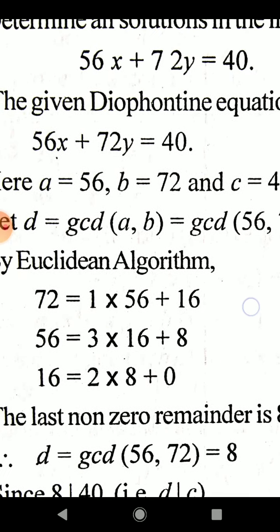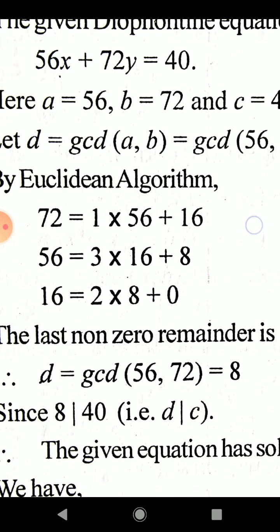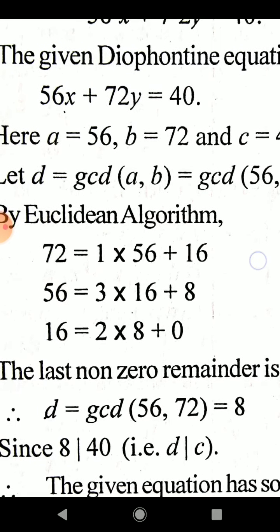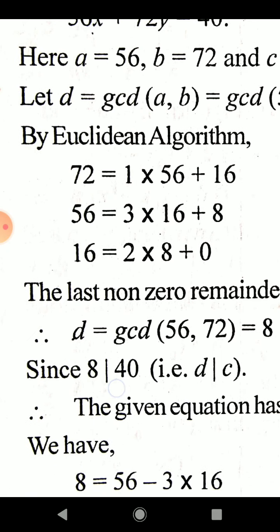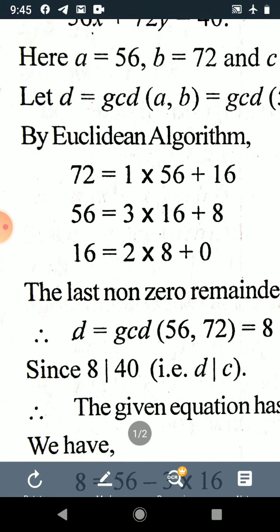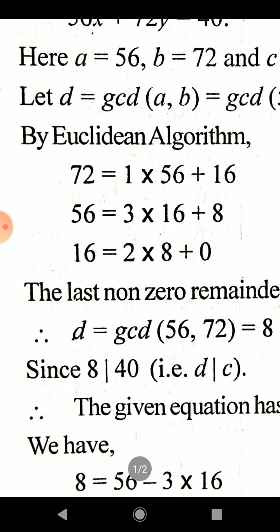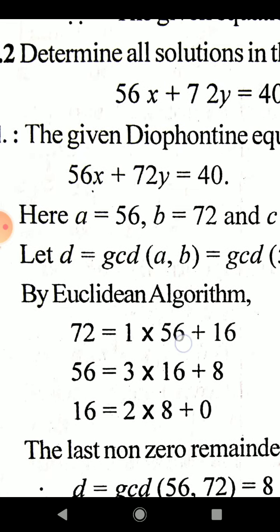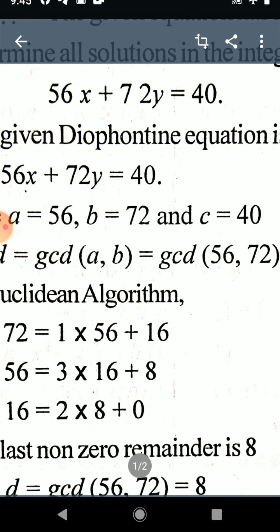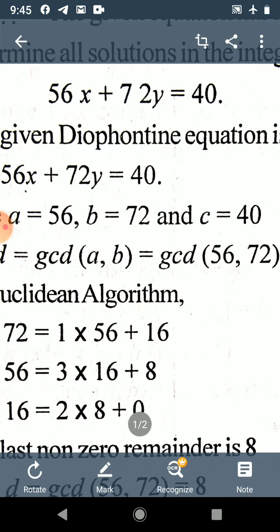And we know that 40 is divisible by 8, which means 8 divides 40, so d divides c. And as d divides c, the given Diophantine equation 56x plus 72y is equal to 40 has a solution, because the greatest common divisor 8 of 56 and 72 divides 40.